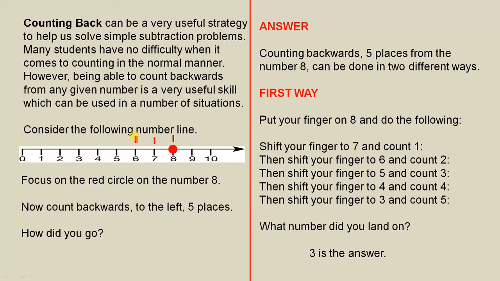Then shift your finger to 5 and count 3. Then shift your finger to 4 and count 4. Then shift your finger to 3 and count 5. What number did you land on? 3 is the answer. So when we count backwards, that is to the left, 5 places, we land on 3.